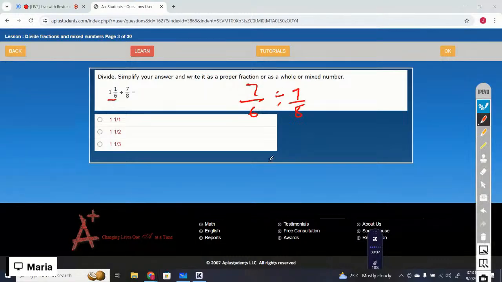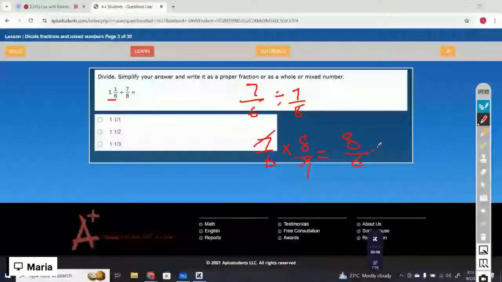So with division, we are left with 8 over 6. Greatest common factor, that is 2. 2 times 4 is 8, 2 times 3 is 6. So that is 1 whole 1 over 3. Option number 3 is the answer. Please don't guess. Use your notebook and pencil. Why don't you guys use your notebook and pencil?